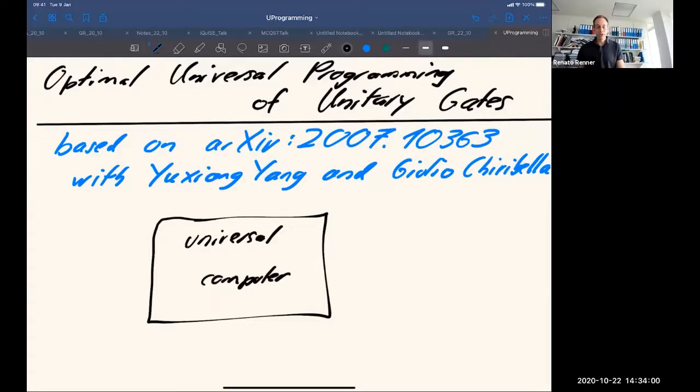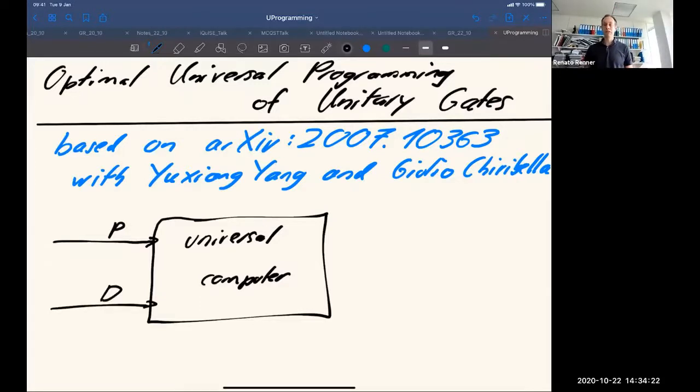So what does a universal computer do? A universal computer is universal in the sense that it can execute any program, which means that it has as an input something that I call P, which is a description of the program, the algorithm, and then it also has data input. This is somehow the things we really want to work on.